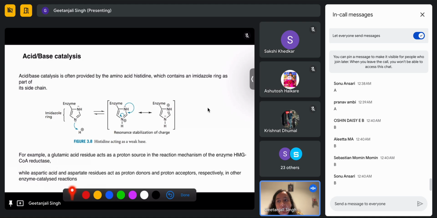Generally in acid-base catalysis, histidine is present because of the presence of the imidazole ring. It's basic. So let's see the example here. You can see this is the imidazole ring, and the enzyme is connected to this one. There is a lone pair on nitrogen there.